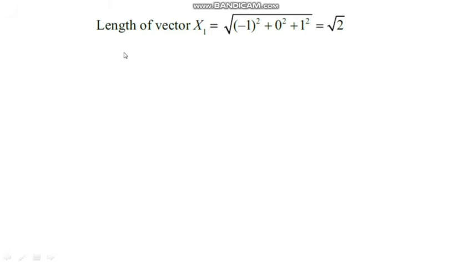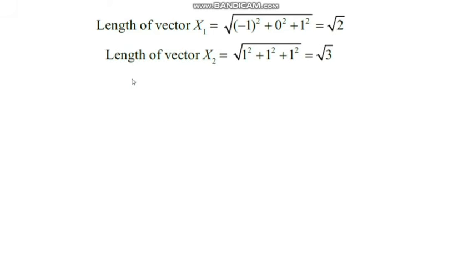Now to get normalized eigenvectors, we consider the length of the first eigenvector, that is the square root of (-1) square plus 0 square plus 1 square, where -1, 0, 1 are the elements of the first eigenvector. The resulting value is square root 2, the length of the first eigenvector.